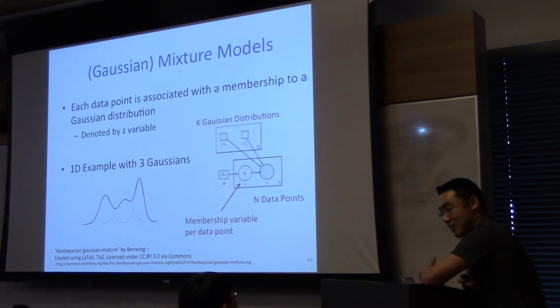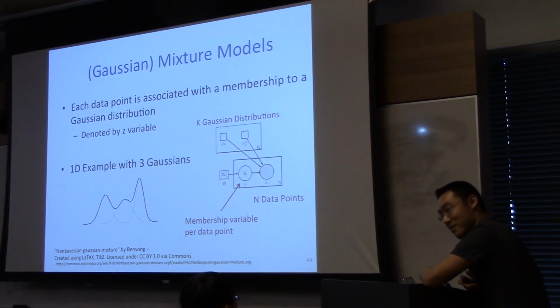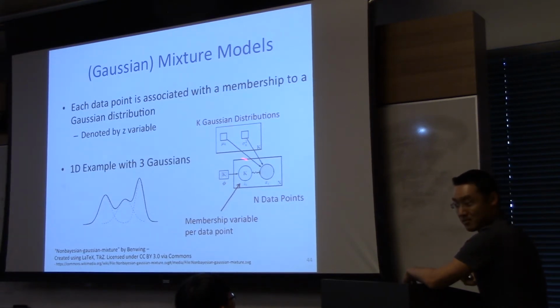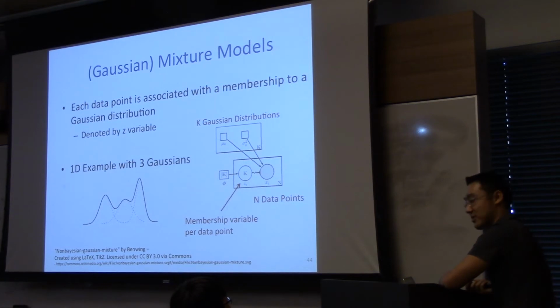Suppose you want to have a soft assignment, like given this data point, I want you to give me a probability of it belonging to cluster 1 versus cluster 2, and that's what this gives you. So a Gaussian mixture model, you can think of it as a probabilistic clustering model. So it would give you three different probabilities in this case, if there's three.